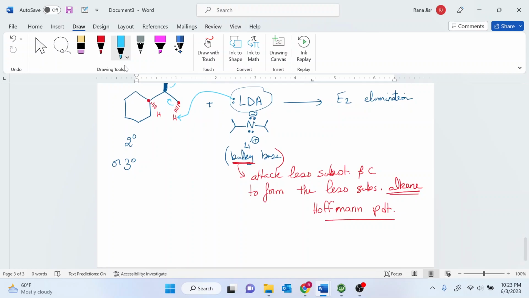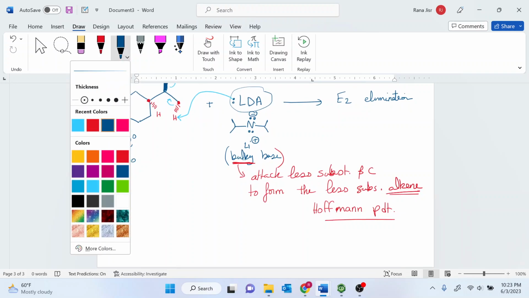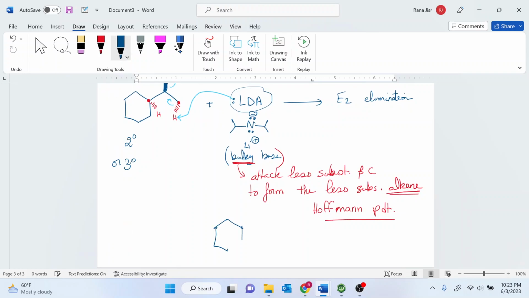So my major product will be a double bond that is less substituted, and this is called the Hofmann product. You will not form the Zaitsev product. This is the Zaitsev product here, and you will not form the Zaitsev product.